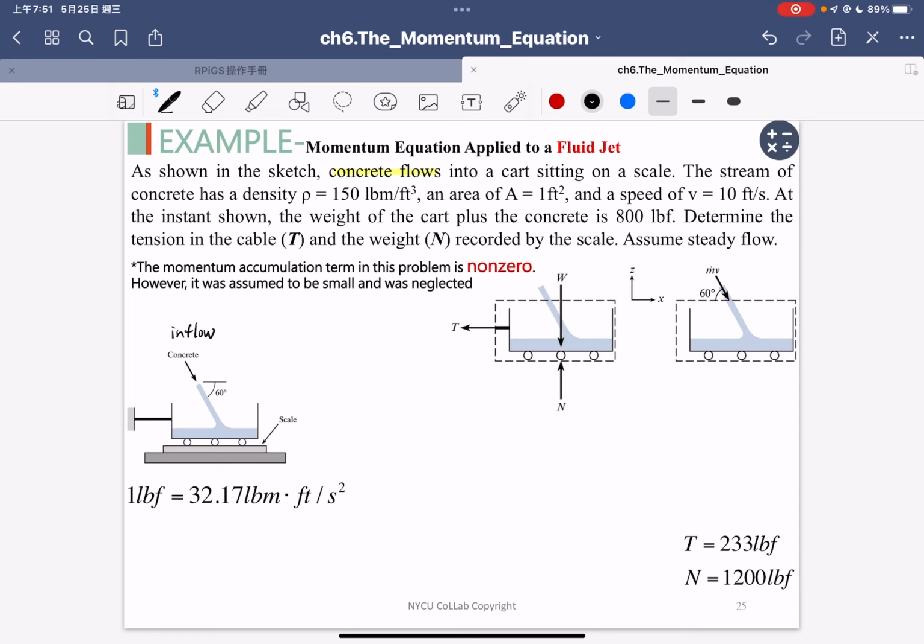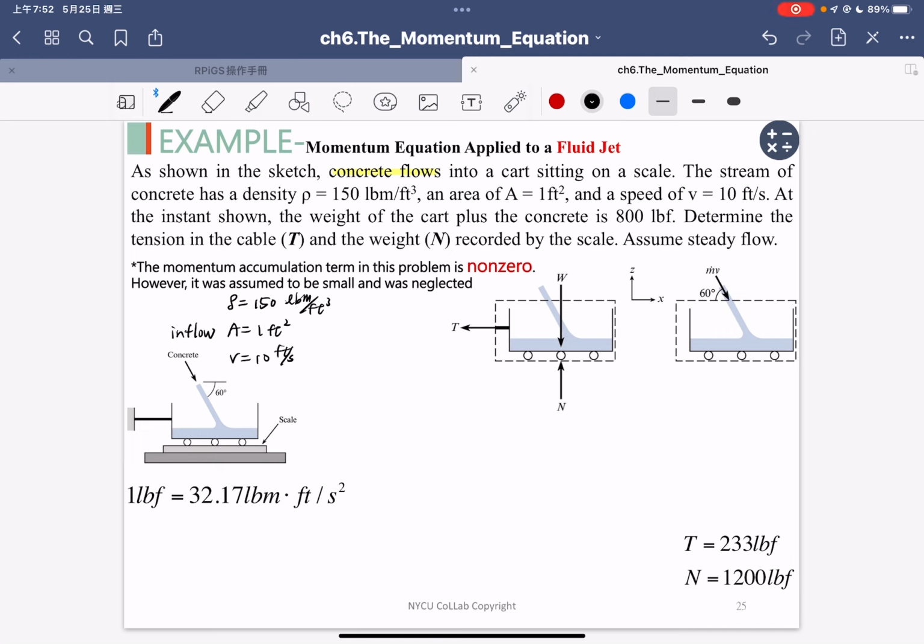The concrete density is equal to 150 pound mass per cubic foot, the area is 1 square foot, and the speed is 10 feet per second.